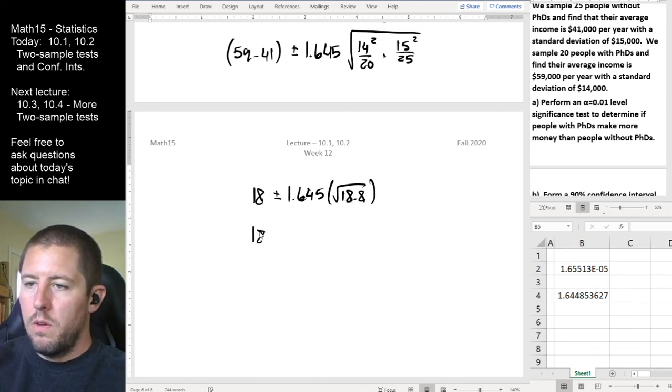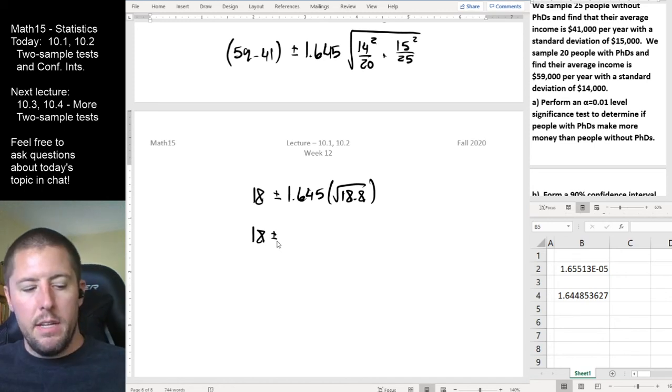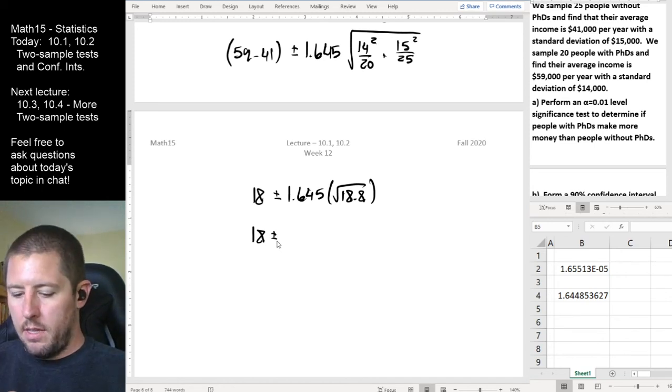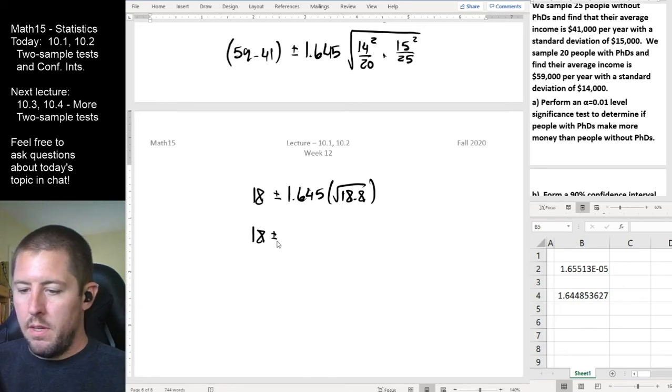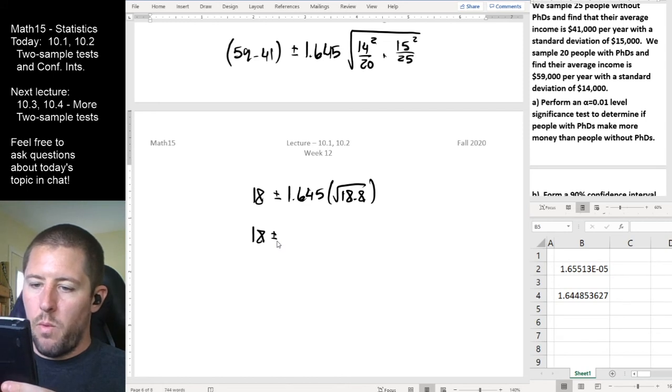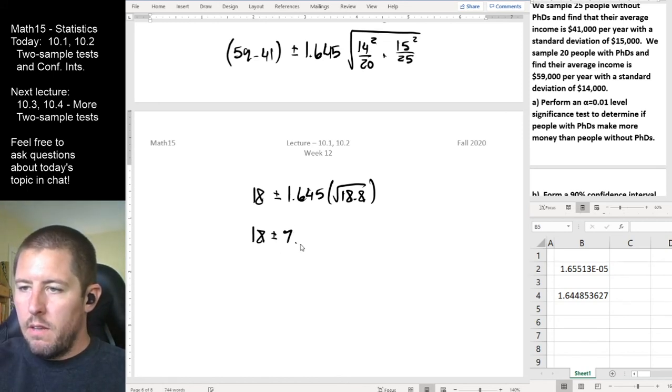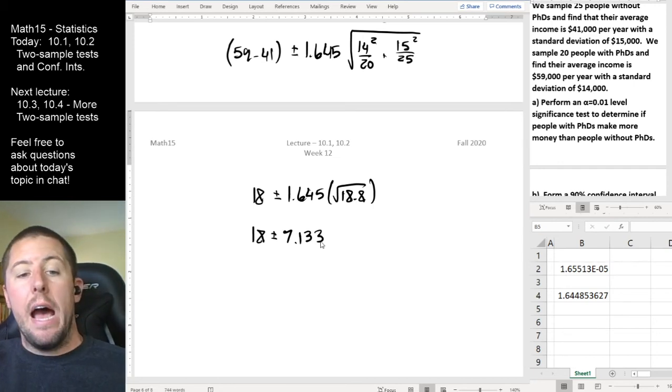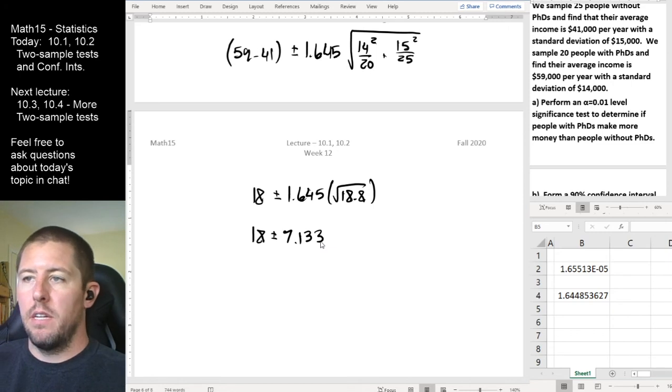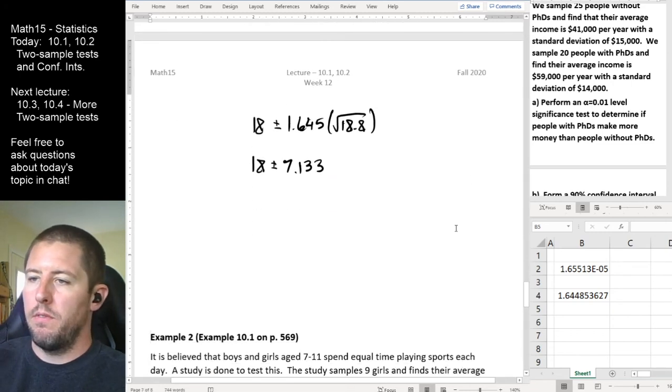And so 18 plus or minus, I'm going to go to my calculator again here. I got the square root of 18.8 times 1.645, and that's going to tell me 7.133. I'll round to 3 decimal places right there. And so now we're able to form our 90% confidence interval here.